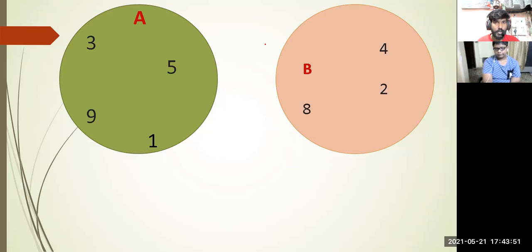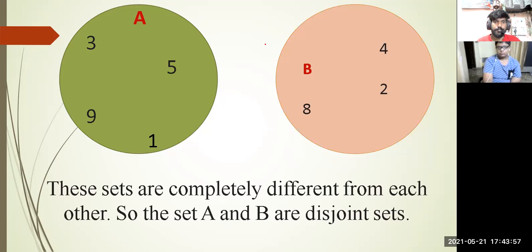When you show intersection, they should be touching each other. These sets are completely different from each other, so A and B are disjoint. They are not touching. If you draw the Venn diagram for disjoint sets, you will have to draw two separate circles.